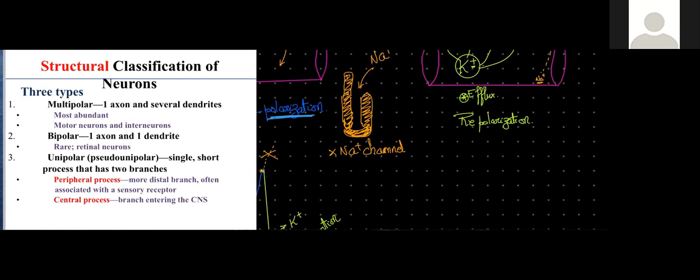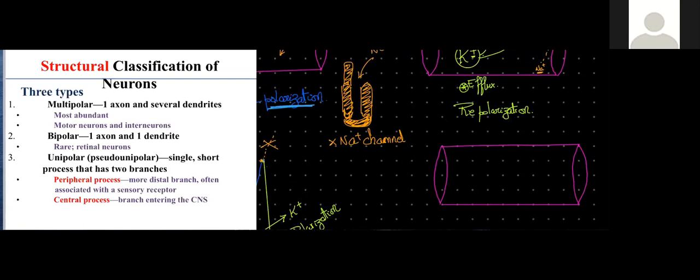What if I told you that the potassium channels will not immediately close? It's going to take them a while to close, even after you reach the resting membrane potential.